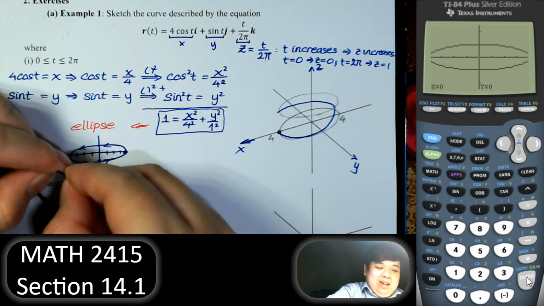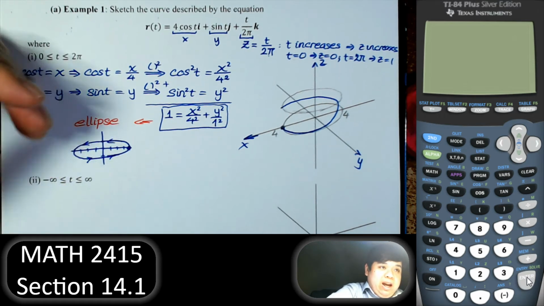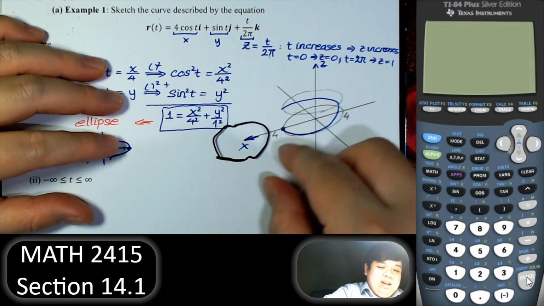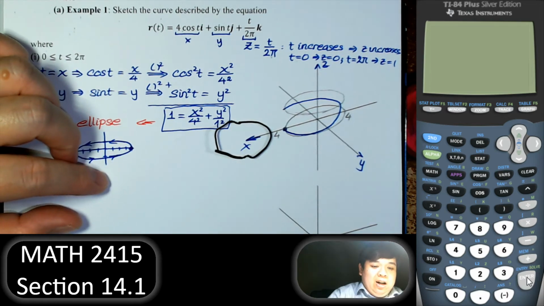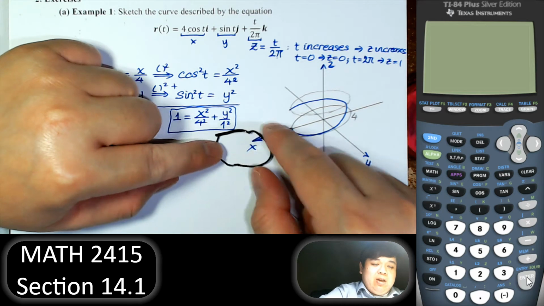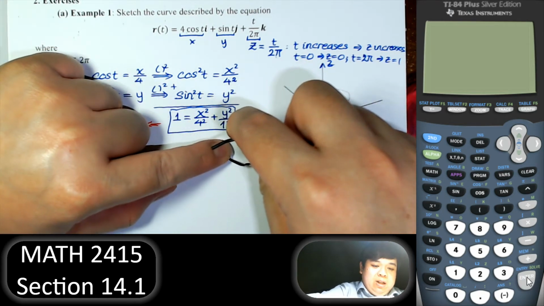Think about this: we have an ellipse like this, going in that direction, but then the height increases, so it will be like that.